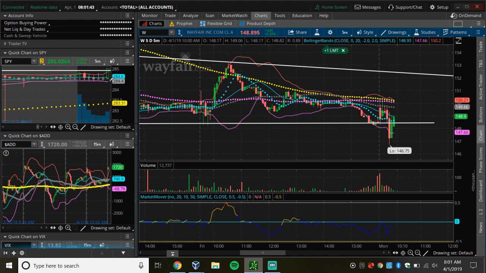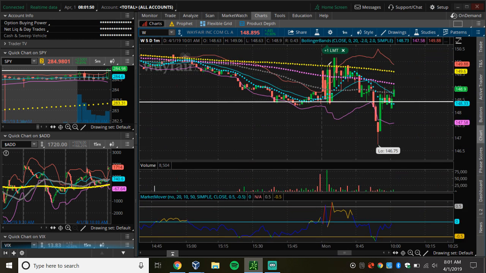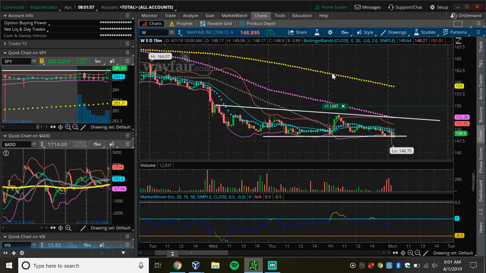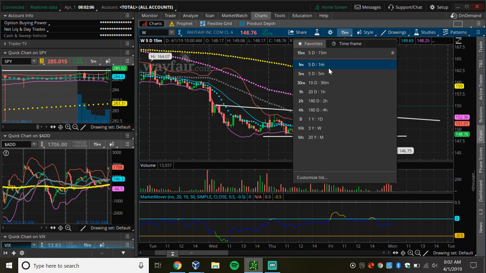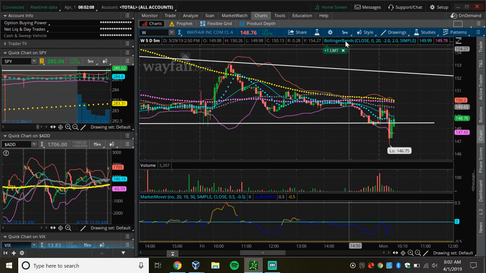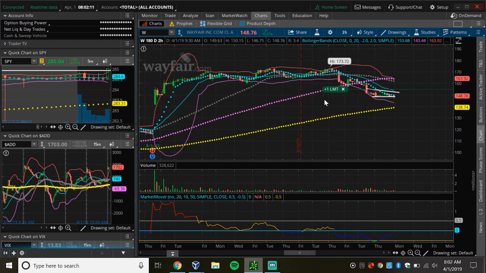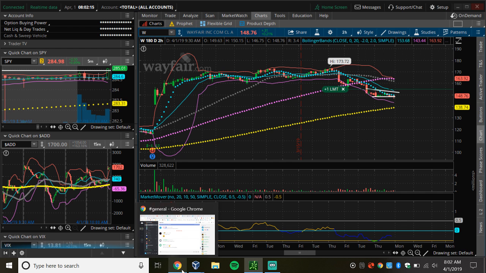Big pump in the market right now. Unfortunately, that is not helping our cause. Yeah, so I'm just going to exit this for a small loss at 175.